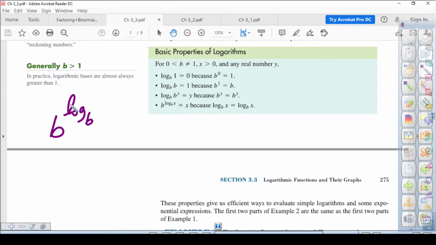So the exponent is actually a log of the same base of x. Well, there's something in math called undo. These two guys undo each other. They dissolve, leaving you only with x. So x is going to be the answer for this item here. If you have a base raised to a log of the same base, they undo each other, and you're going to end up with just the answer that you started with.